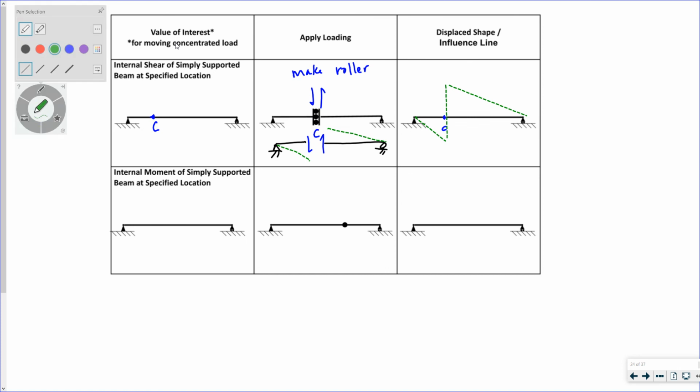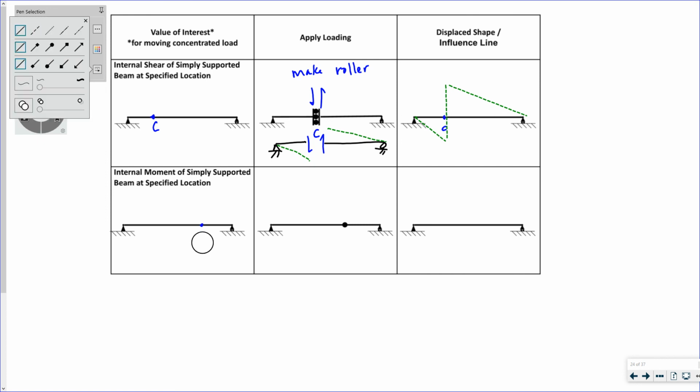Now what about a moment at a random spot? I'm going to choose a moment at a random spot D, right? I'm going to break my beam. Basically it's going to look like a hinge, right?